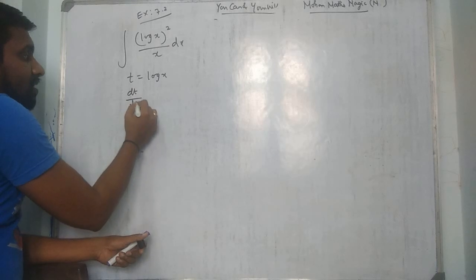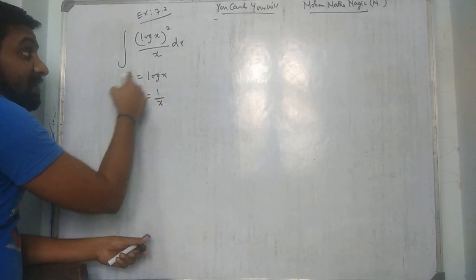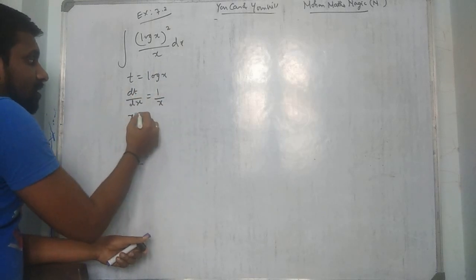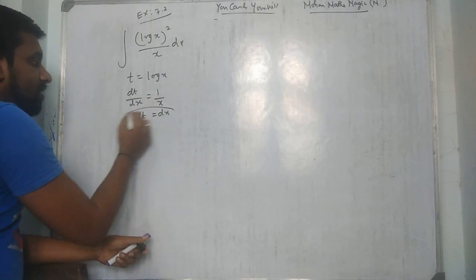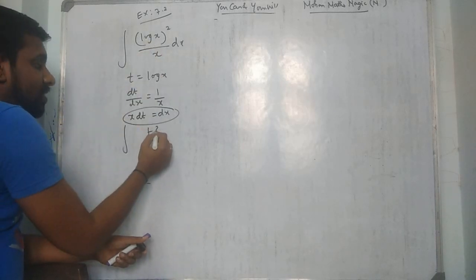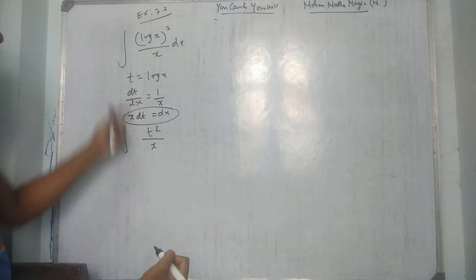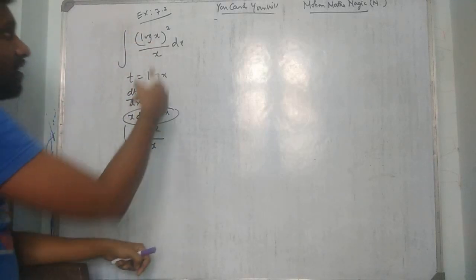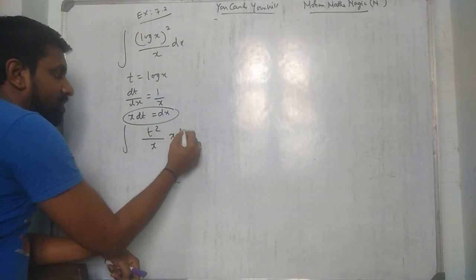Differentiate both sides. dt upon dx equal to 1 upon x. I need only dx, so cross multiply. So x dt equal to dx. Substitute. In place of log x, I can substitute t square. Once you substitute for t, the remaining don't need to disturb. In place of dx, x dt.